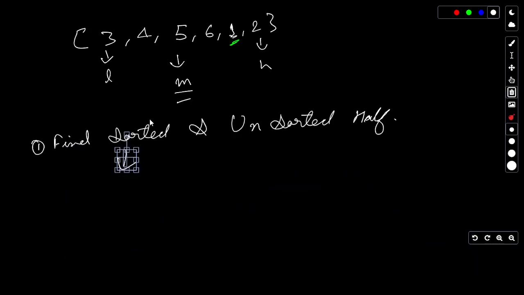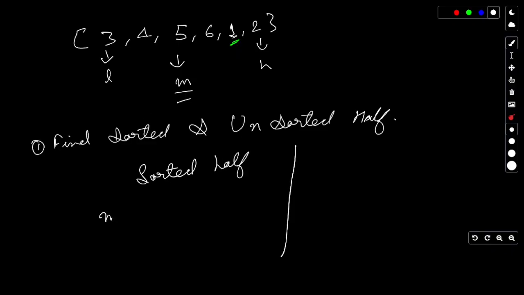If the left half of this array is sorted, we can definitely say that the minimum element within the array is to be found within the sorted half, at ARR of low.